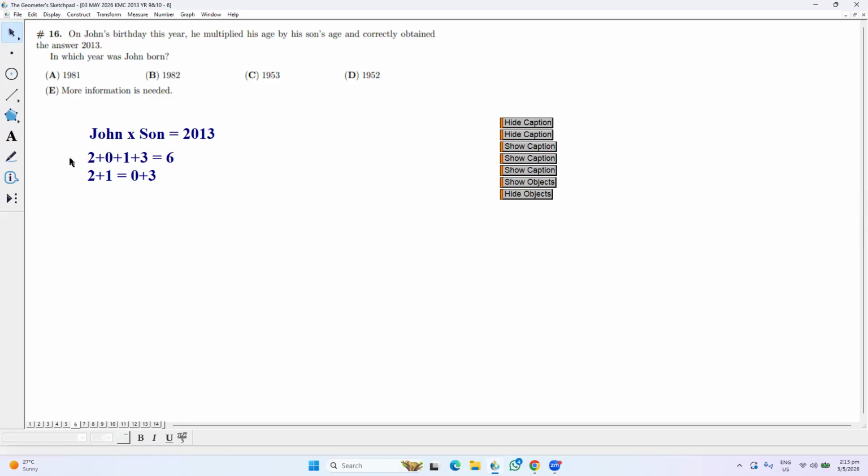First, before we factorize, we know that it is divisible by 3 because the sum of digits is 6, divisible by 3. Then, because the odd position digits 2 plus 1 equal the sum of even position digits 0 plus 3, it is also divisible by 11.